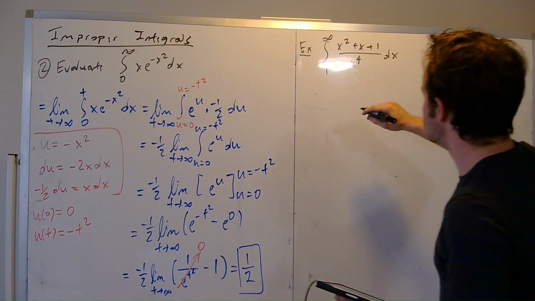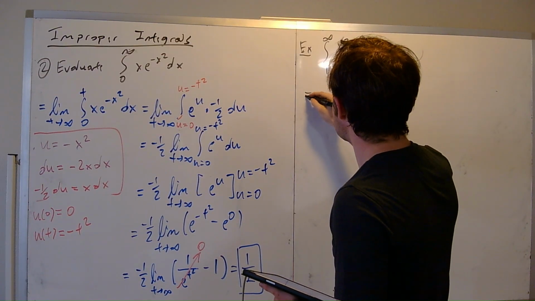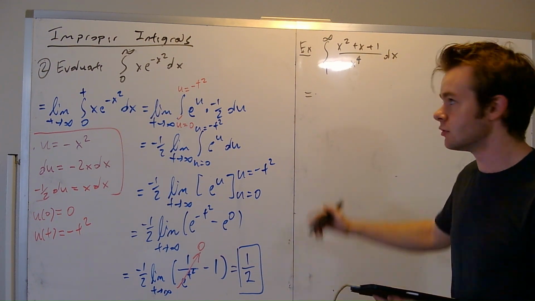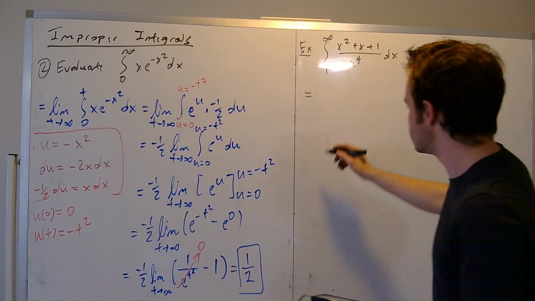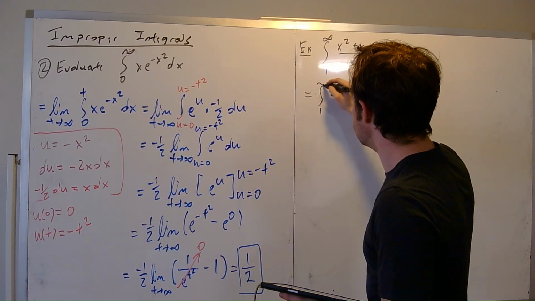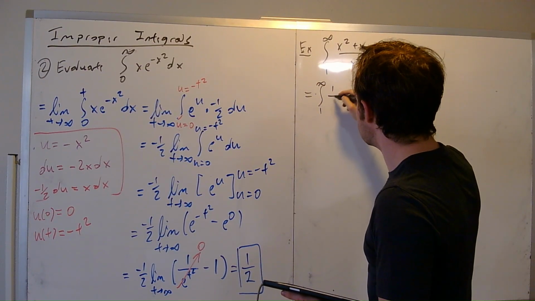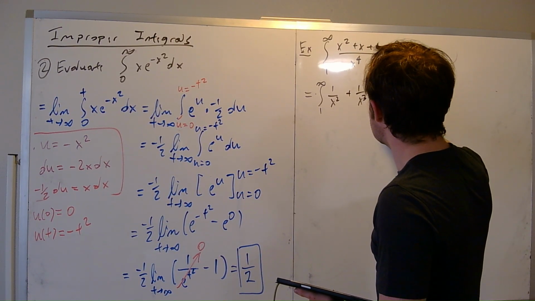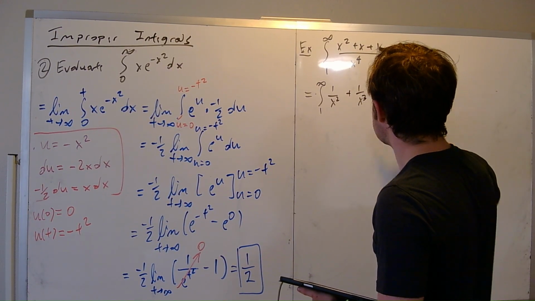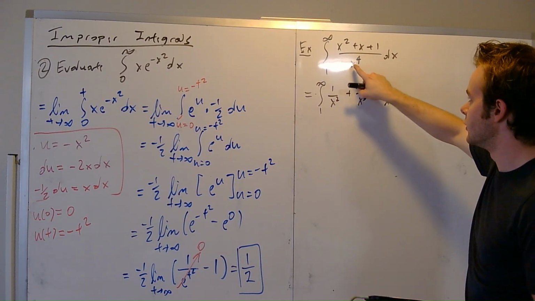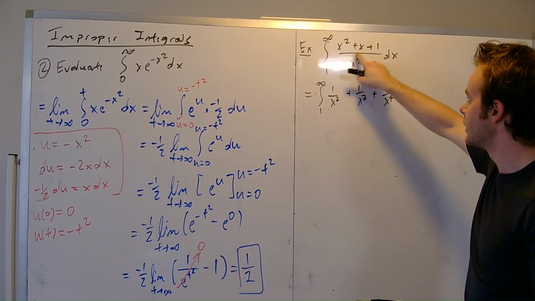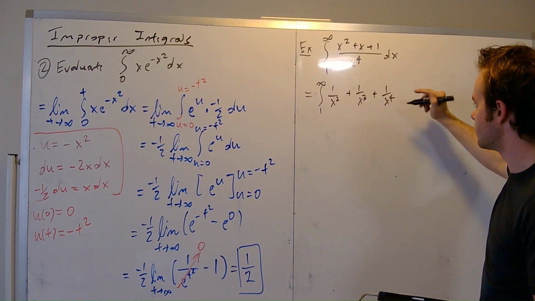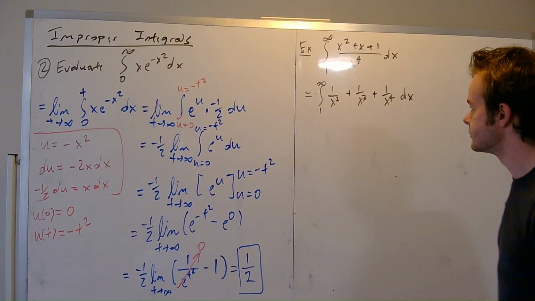The way I would do that is to break this one fraction up into 3 fractions. So this is the integral from 1 to infinity of 1 over x squared plus 1 over x cubed plus 1 over x to the 4th. Because x squared over x to the 4th is 1 over x squared, x over x to the 4th is 1 over x cubed, and 1 over x to the 4th is here, dx.